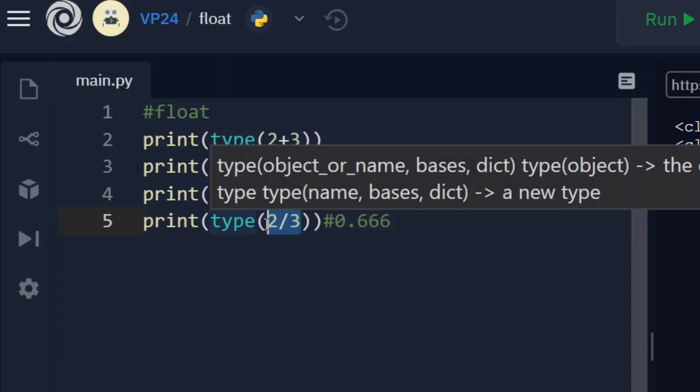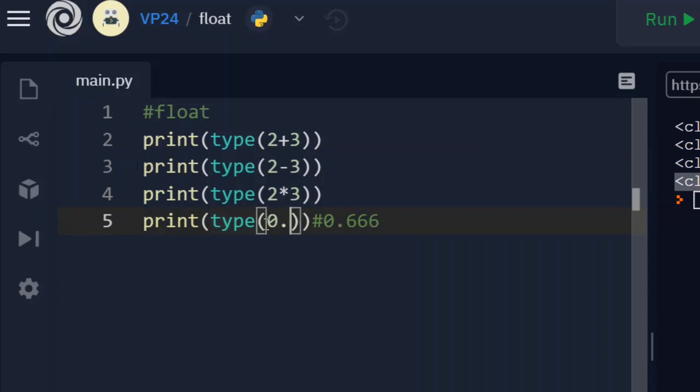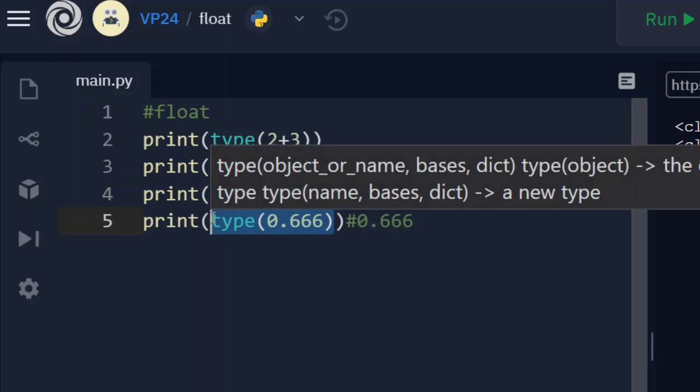It recognizes that it is 0.666 and so on, and then the next task is to check the type of 0.666 and so on. Then it comes to know that this is a floating point number, so it must be class float.